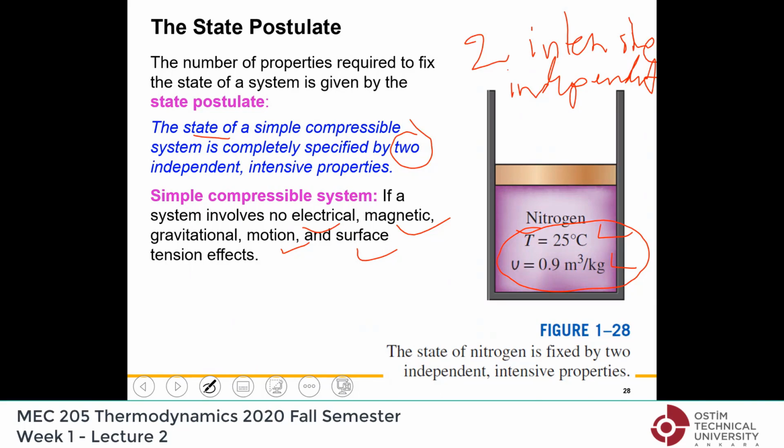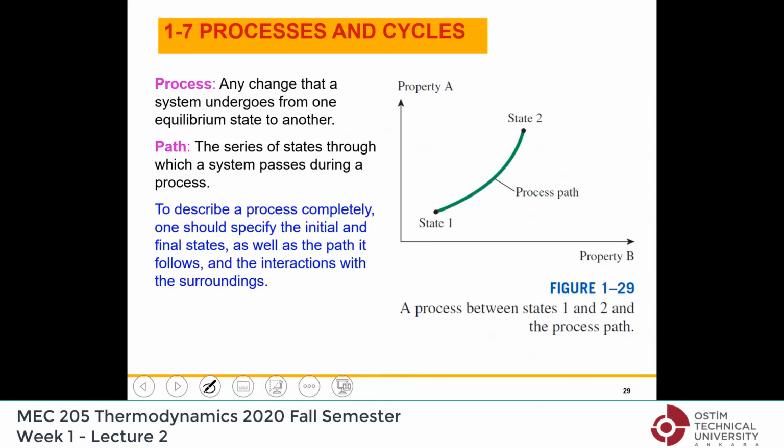Okay. Now, process. If a system changes from one state to another state, it undergoes some states along the way, as you see here. This is called a process. That is, a process is a change of state. It can be small, it can be large.